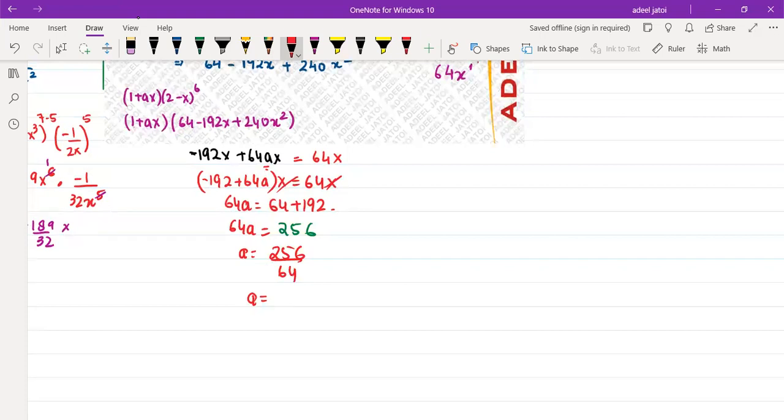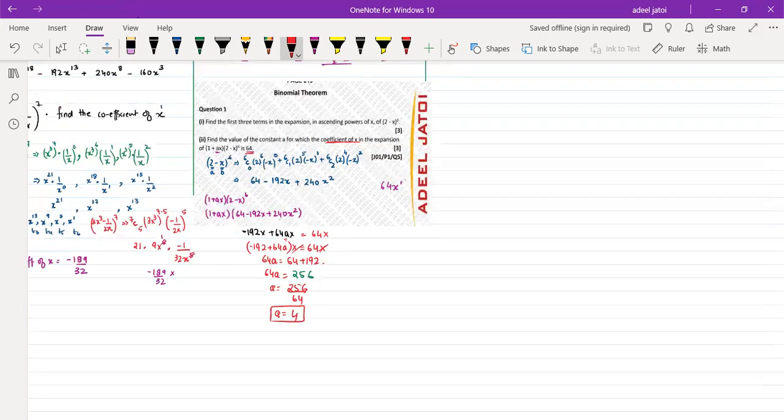What is the value of a? 4. So 4 will become your answer for part 2 of question number 1.